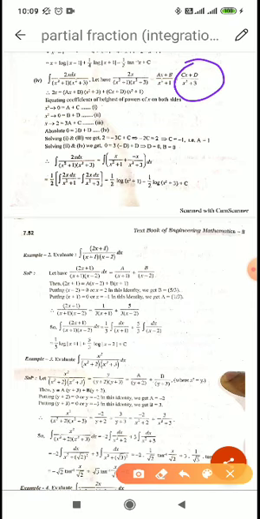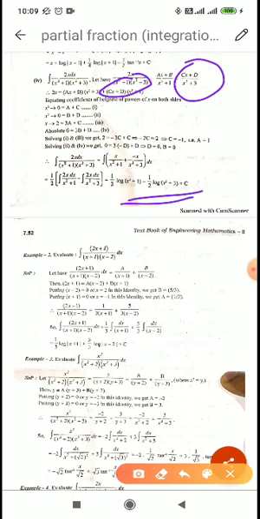He brought this x square plus 1 into x square plus 3 to this side. Then he equated and eliminated to find a, b, c, and d. Then he replaced them, and he found the answer. It's not that hard, but you should know how to find a, b, c, and d by equating the coefficients.